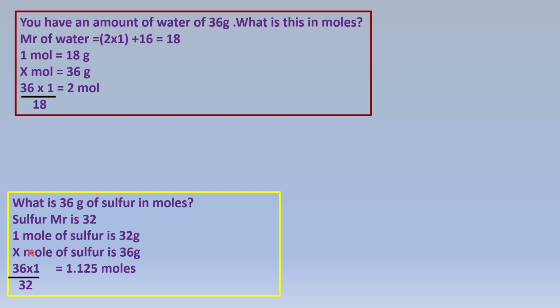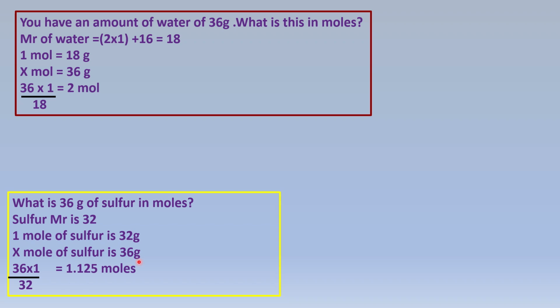Because remember, the mole is the same as the relative atomic mass, but you put gram. I don't know the number of moles of sulfur in 36 grams. So I say X moles of sulfur has a mass of 36 grams.